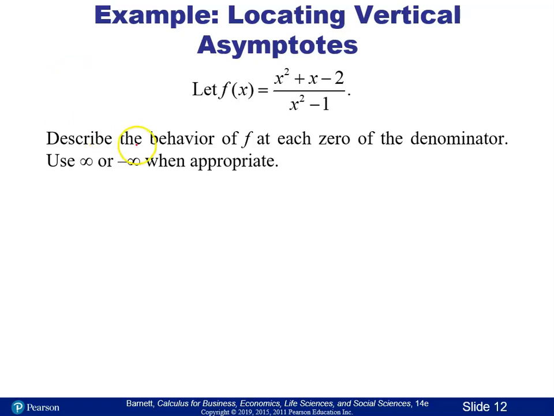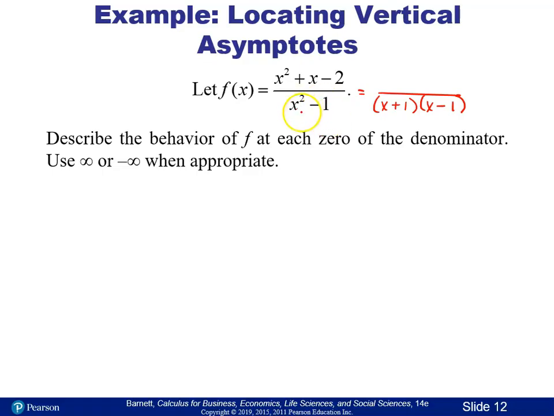This one describes the behavior of our function f at each 0 of the denominator. Use infinity or negative infinity when appropriate. So if I'm wanting to first of all find the zeros of the denominator, that means I need to factor the denominator. And I would say go ahead and also factor the numerator if it factors as well, because that could be beneficial to us.